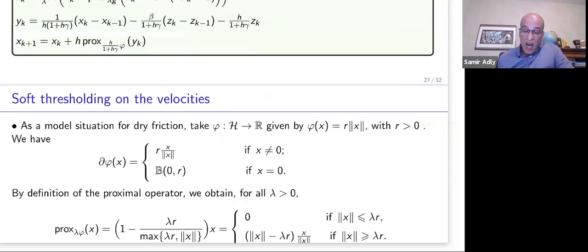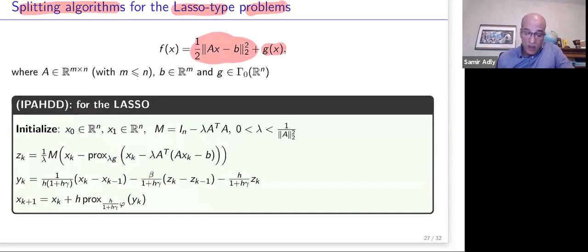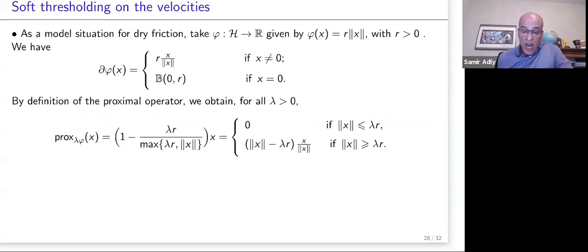You can ask me how to compute the prox of this function phi. Since I told you that my function phi is in general more or less with a sharp minimum, it means r times the norm. So we have an exact closed formula here. If the function phi is r times the norm, then the prox is computed exactly by this formula.